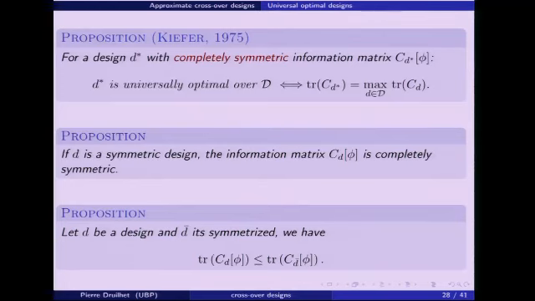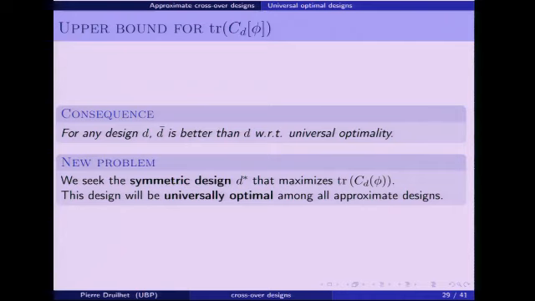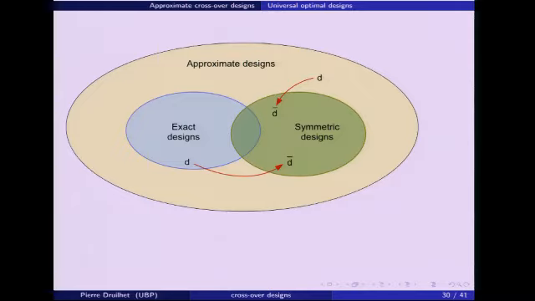So the consequence is that D bar is better than D, and so we have to seek an optimal design among all the symmetric designs. We had the problem of finding an optimal design among exact designs.